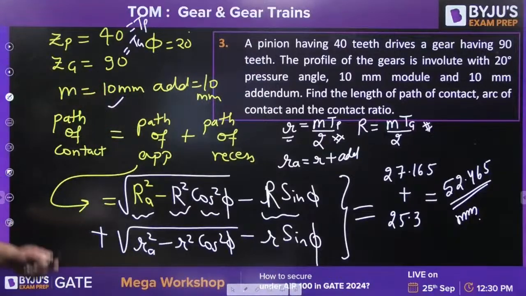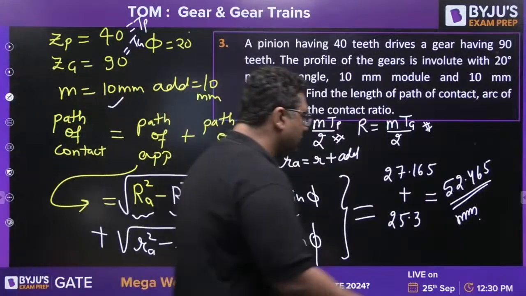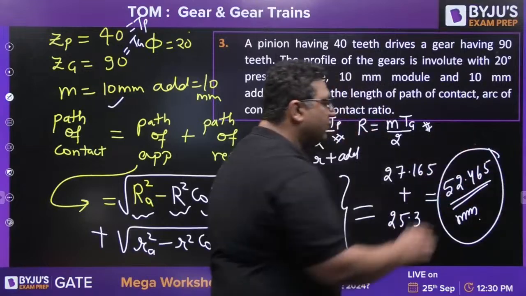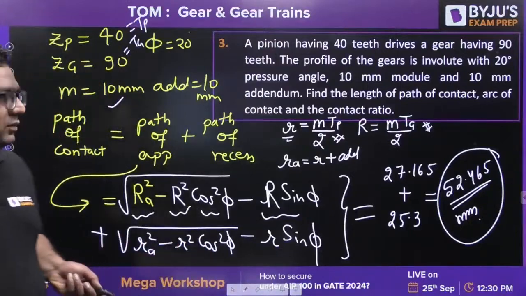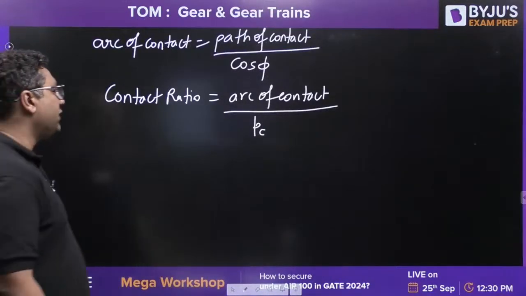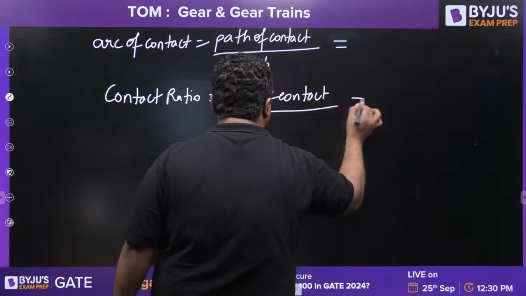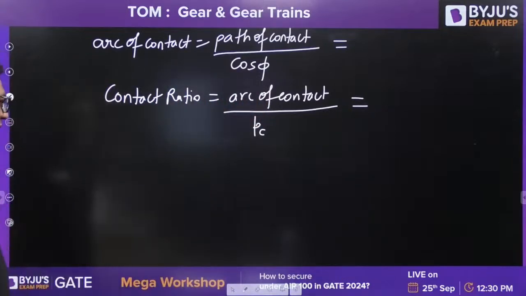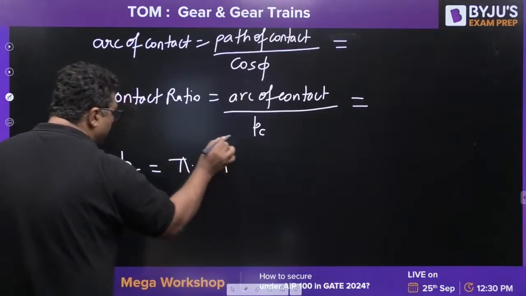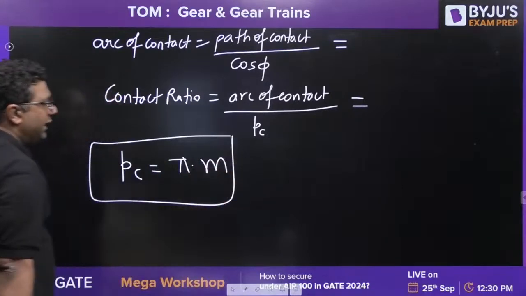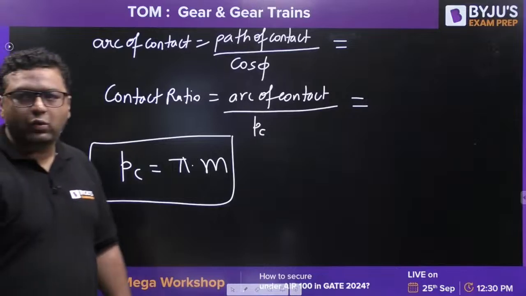So after that you will get the path of contact. Once you get the path of contact, we can find out the arc of contact. What is arc of contact and contact ratio? Circular pitch is pi times module. Okay, you just need to put the values now.